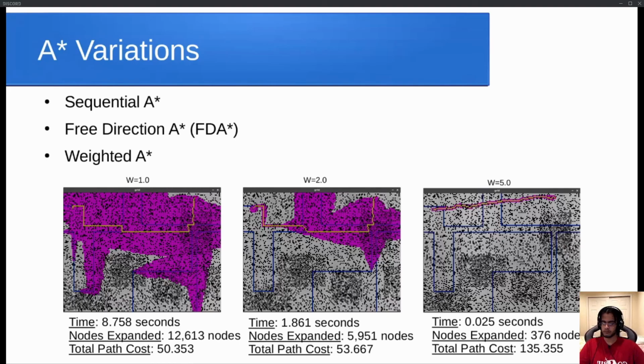As you can see, if we drastically increase the weight up to a 5, it takes barely any time at all to run. We don't consider that many nodes, but since we don't consider that many nodes, our path cost ends up going way up. So it's something you can fine tune, run some experiments with and tweak. It's probably the best way to go about it if you wanted to implement it this way.